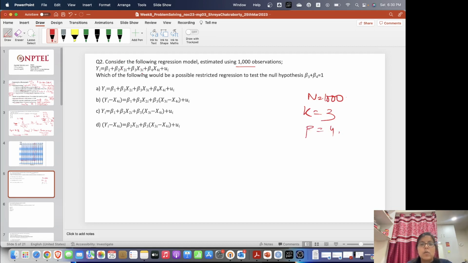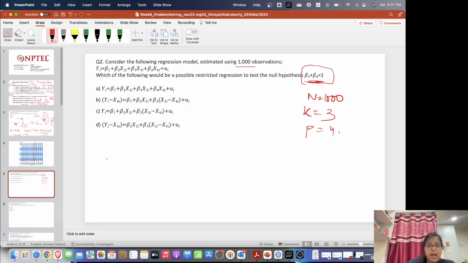Which would be a possible restricted regression to test the null hypothesis beta 3 plus beta 4 equals 1? So we have been given one restriction. As I was saying, instead of using both beta 3 and beta 4, we would substitute either one here. So let us substitute beta 4 in terms of beta 3.